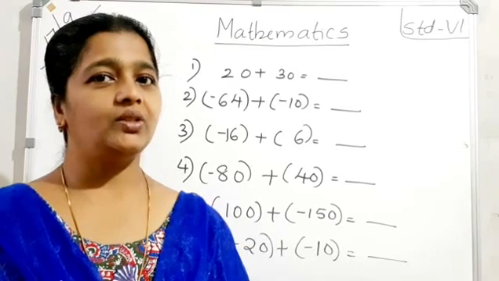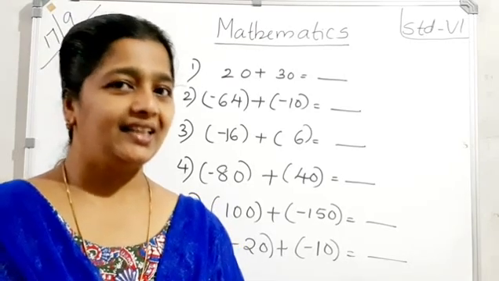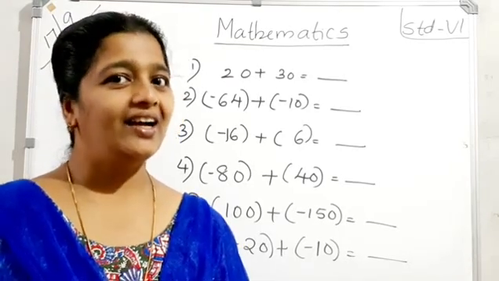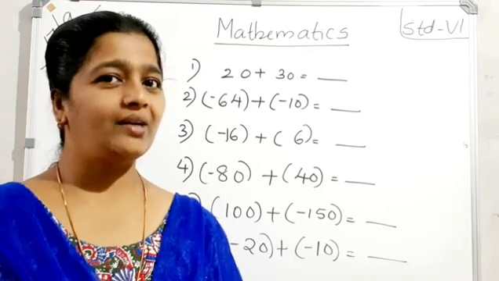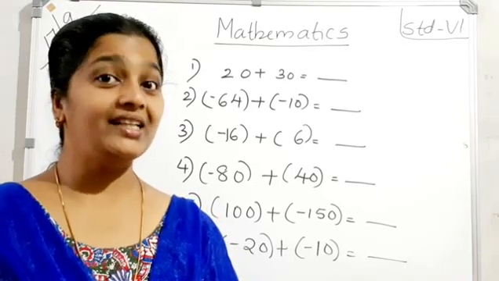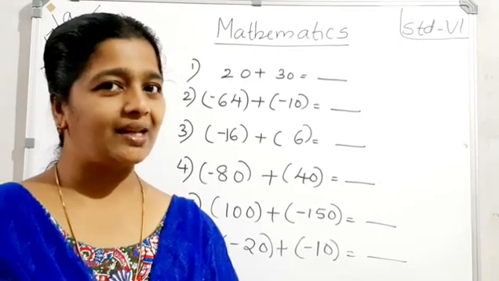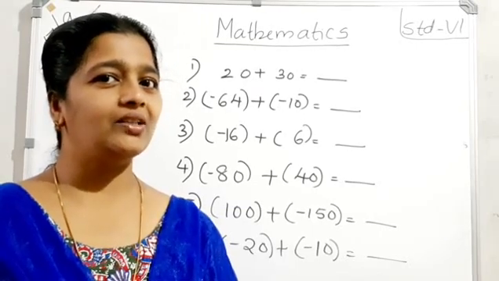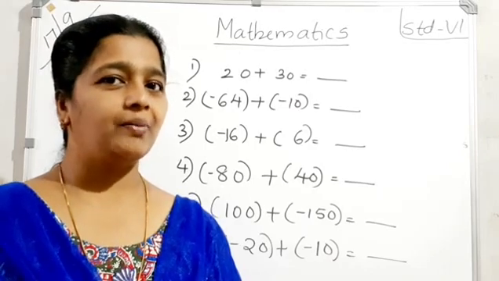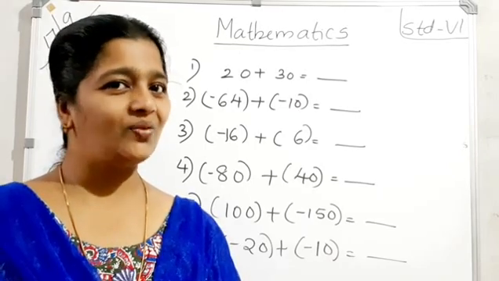When we add two negative integers, we get a negative integer. Next, you know that one. One positive and one negative means subtract the greatest number minus the smallest number, and put the bigger number's symbol. Clear?